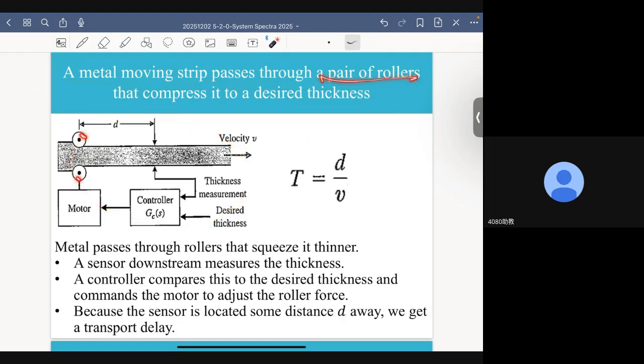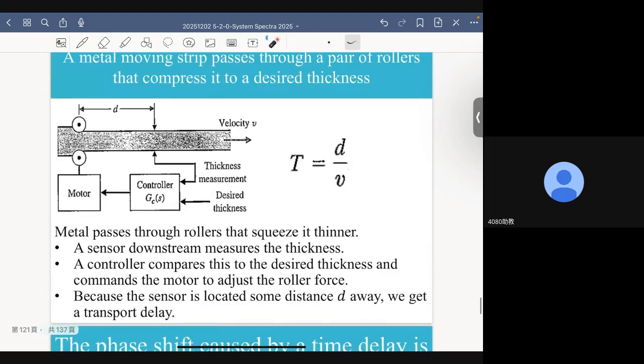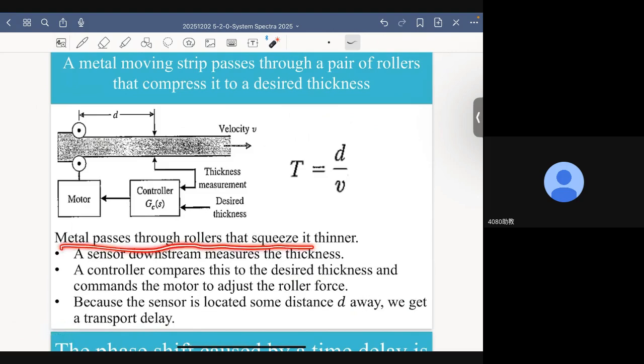And the function of this pair of rollers is to compress the moving strip to a desired thickness, all right? And this is what people do in the metal industry. So metals pass through rollers that squeeze them thinner, to a desired thickness.